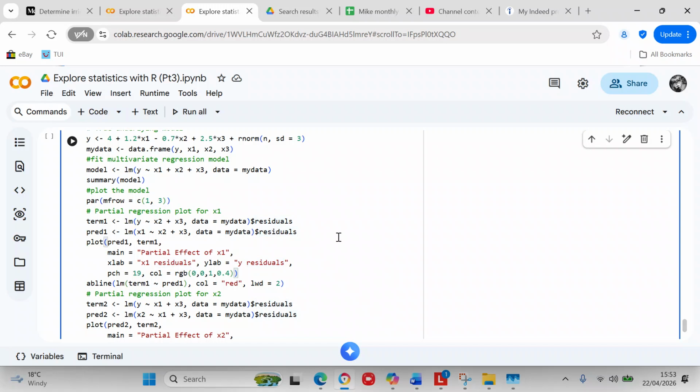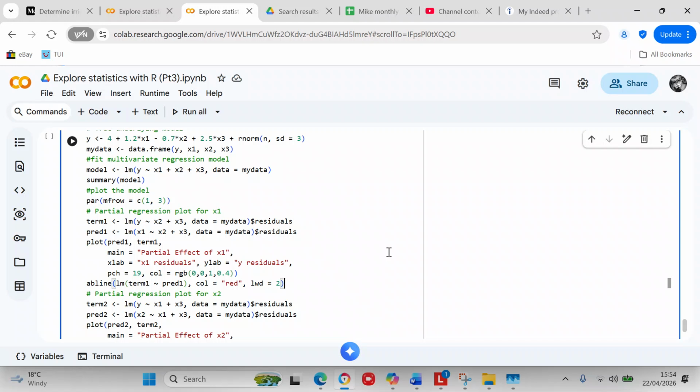Your partial regression plot for x1 is going to be: term1 becomes lm(y ~ x2 + x3, data = mydata)$residuals, and pred1 becomes lm(x1 ~ x2 + x3, data = mydata)$residuals. And plot(pred1, term1).